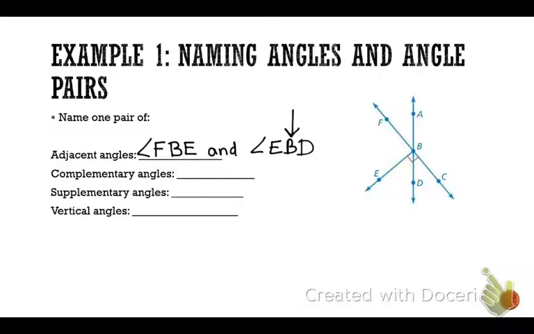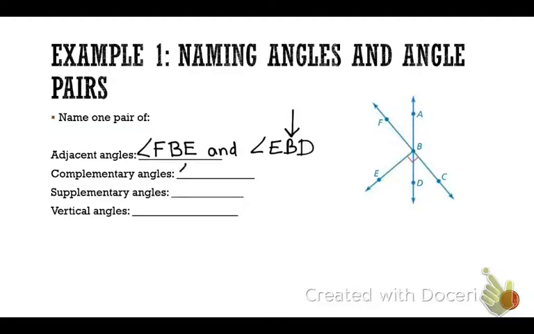So my complementary angles are EBD, and DBC. Those two angles will add up to 90. They're complementary because they add up to 90. All right, so now let's write it down.